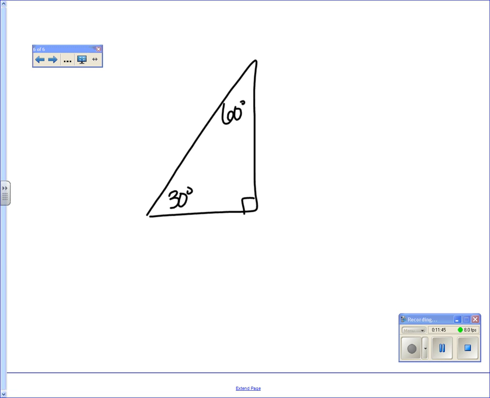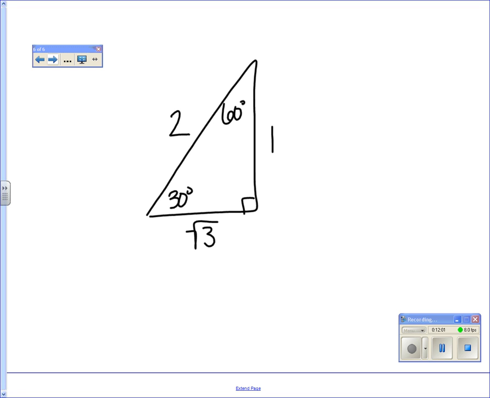Fill in the side lengths. What goes here? What goes here? What goes here?